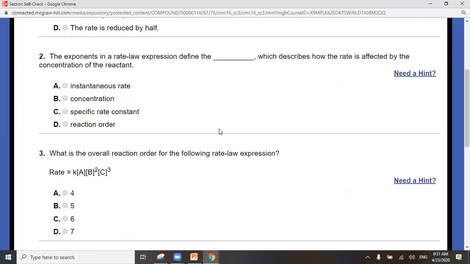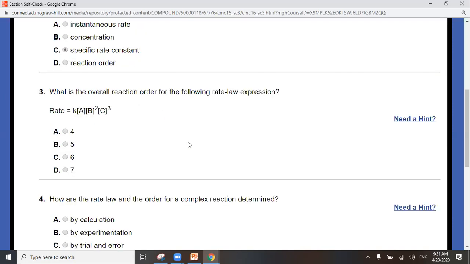Question number 2. The exponent in a rate law expression, which describes how the rate is affected by the concentration of the reactant, is called what? Instantaneous rate, concentration, or specific rate constant?